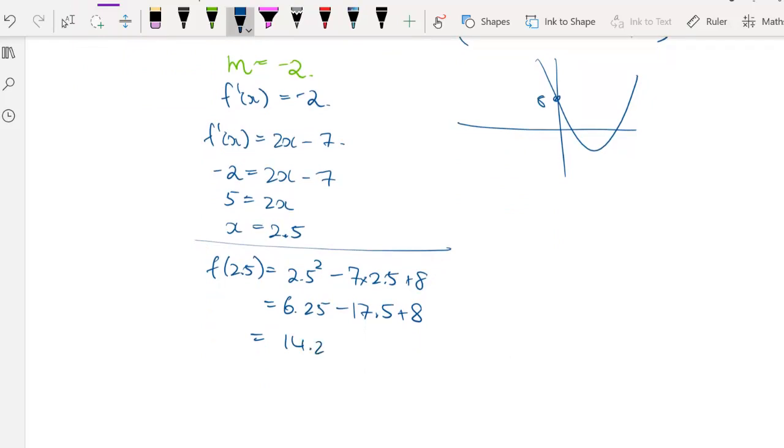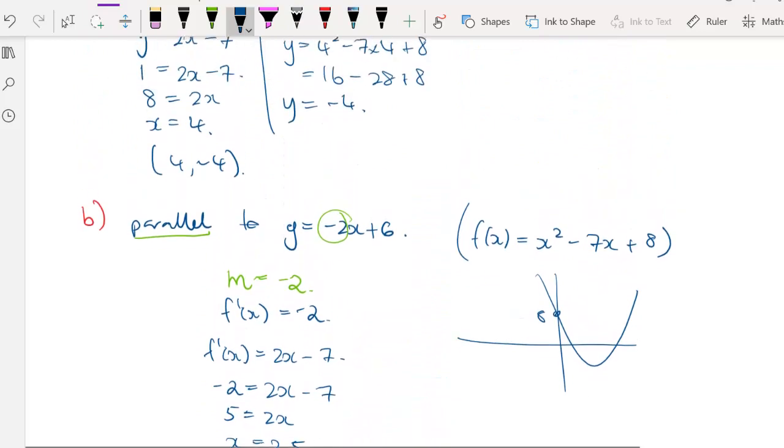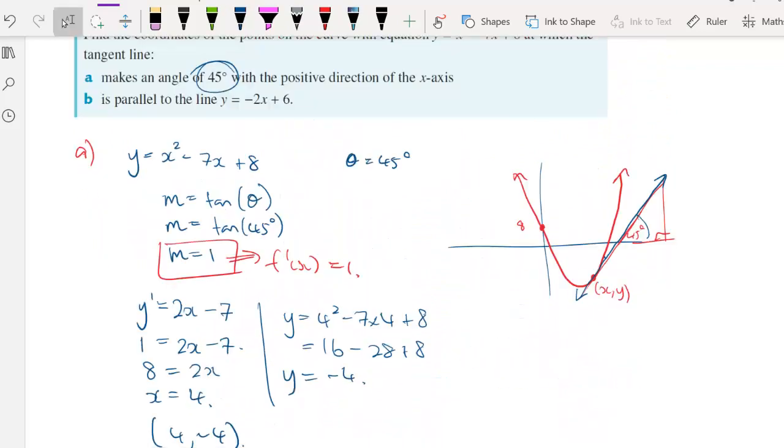Means we've got 14.25, subtract 17.5, and we end up with negative 3.25. And so that means our point is 2.5 and negative 3.25.